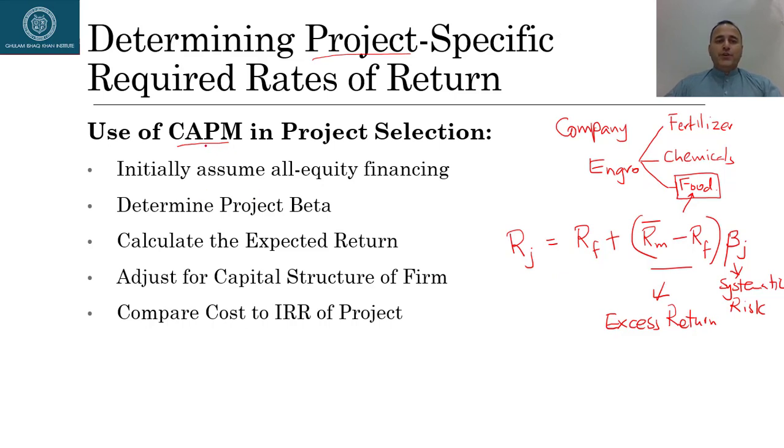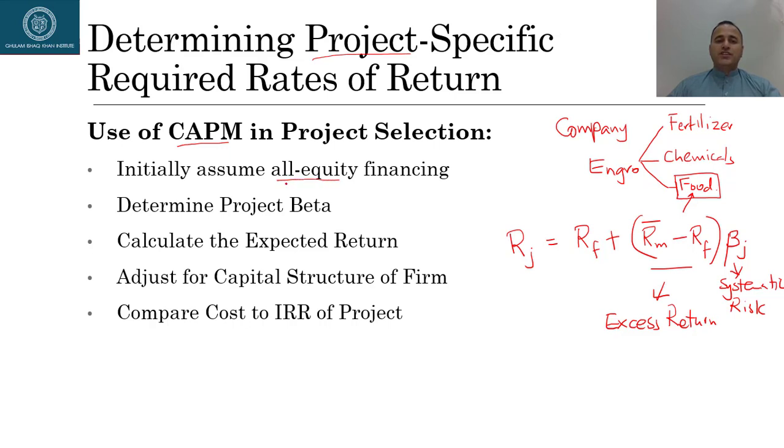Whenever we are using CAPM, the capital asset pricing model approach, for project specific returns, we have to follow certain steps. The first step is that initially we have to assume that we are financing the new project with equity alone. So the new project will be all equity.